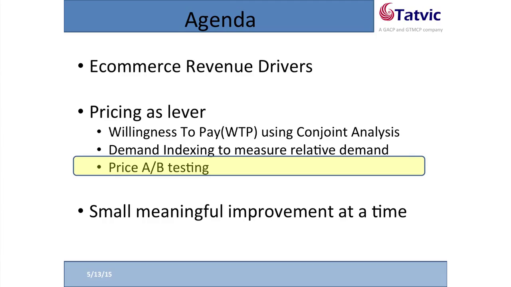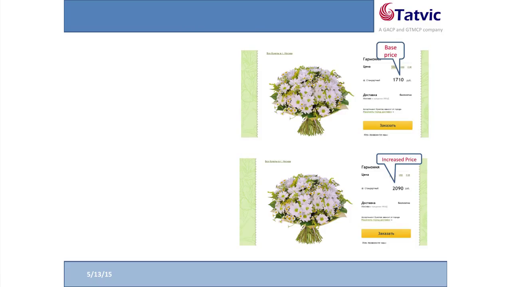If you want to test different price points for your product, for your e-commerce store, let me show you a methodology to do it. This is a typical Russian e-commerce store, florist.ru. Sorry, if someone from Florist is there, I just took a screenshot of them.